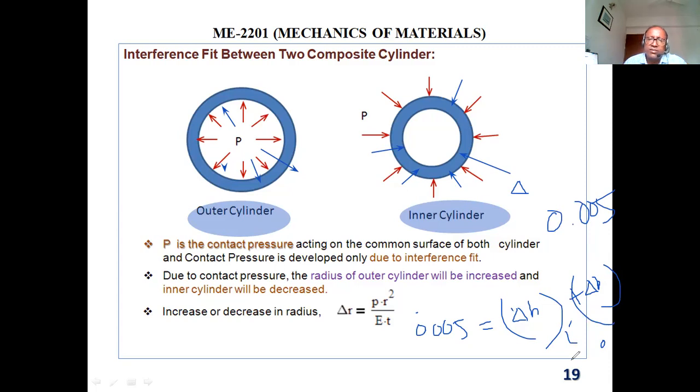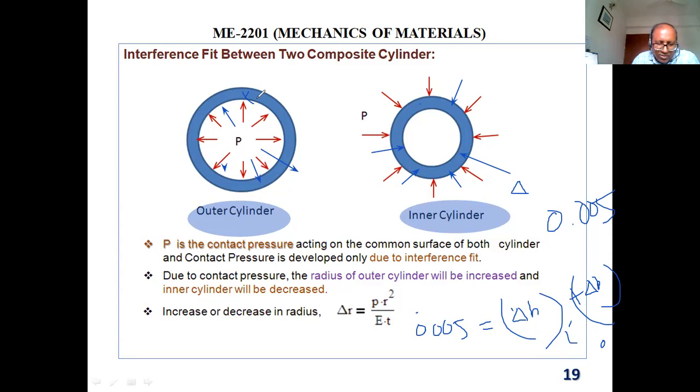Then you figure out the contact pressure. With the contact pressure, you then figure out the stress in this cylinder and in this cylinder. Remember, we don't put any fluid inside. We're just trying to figure out, if there is interference, or if we'd like to make a composite pressure vessel, what will be the pressure at the contact surface?